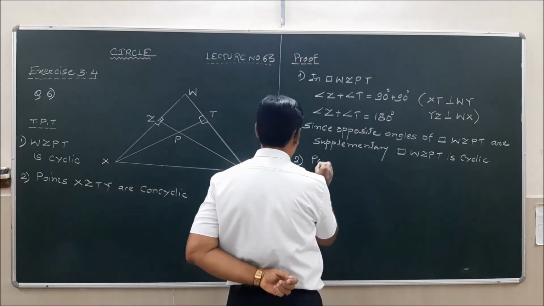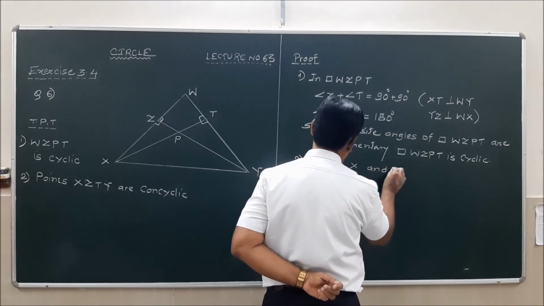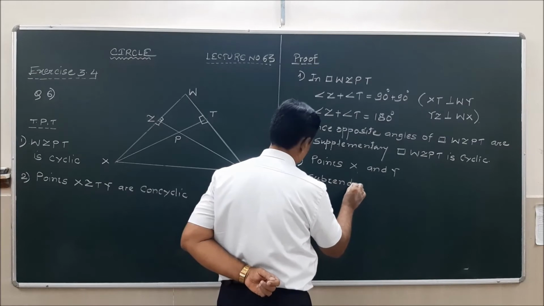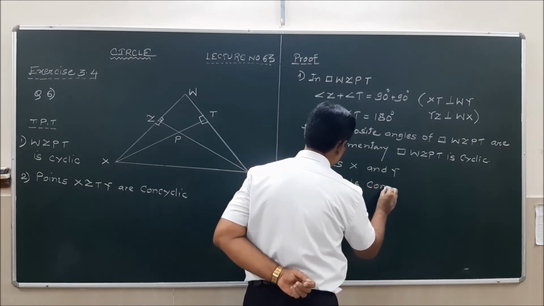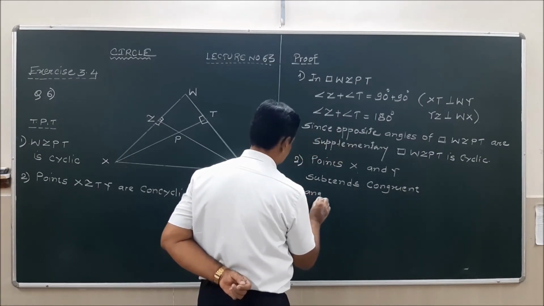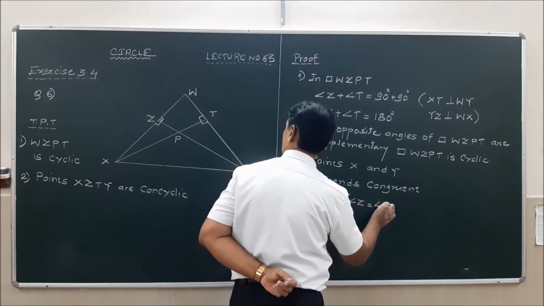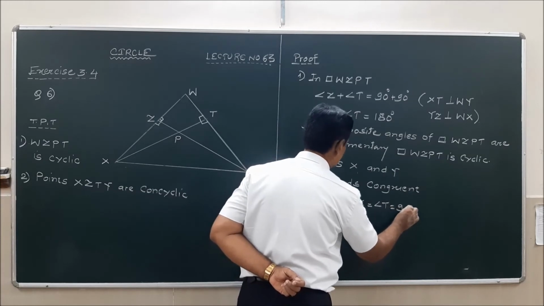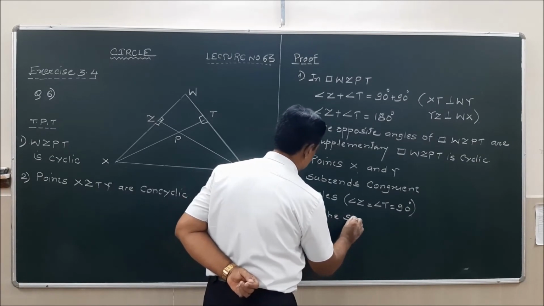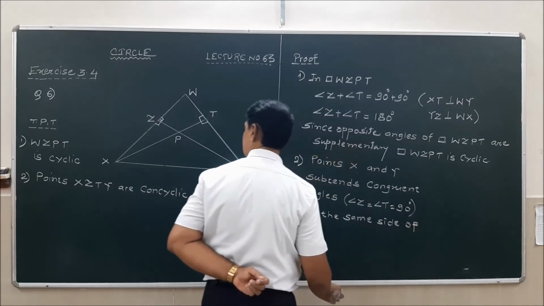Points X and Y subtend congruent angles, that is angle Z is equal to angle T, that is equal to 90, on the same side of segment XY.